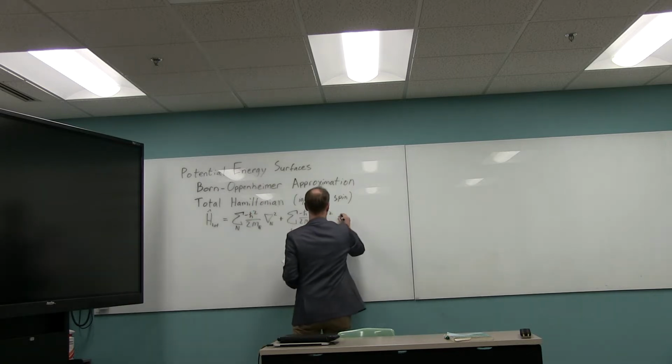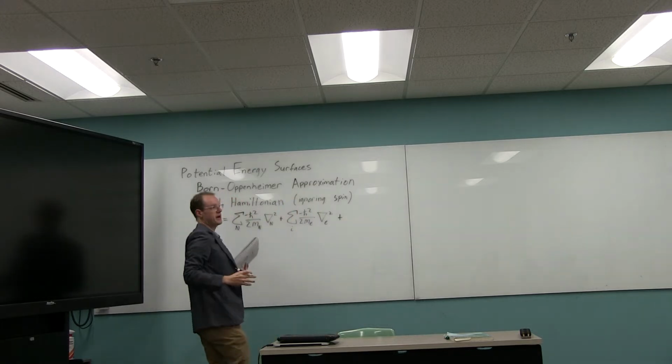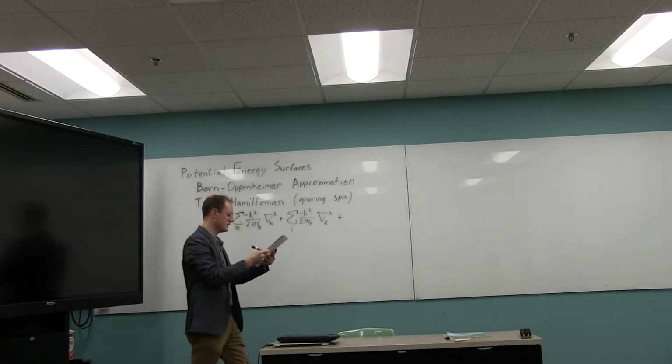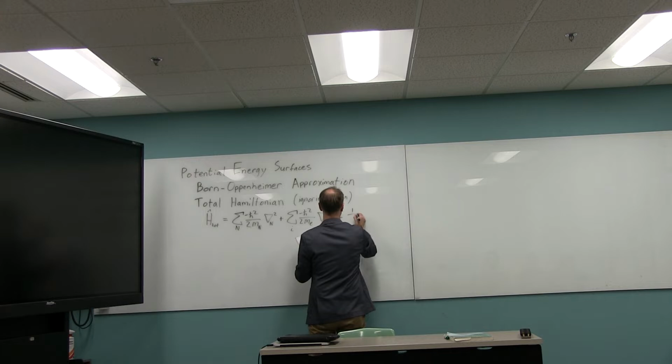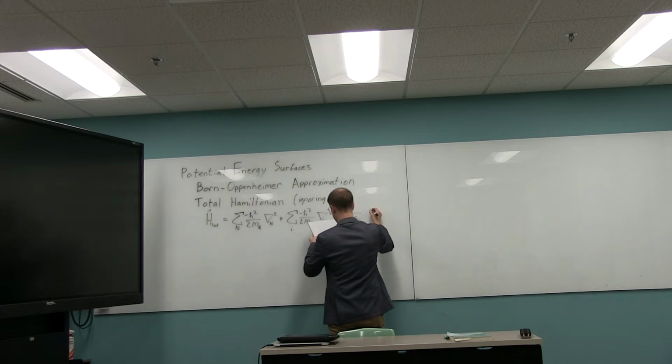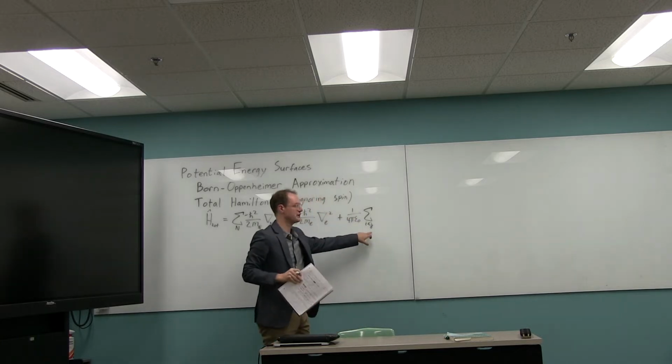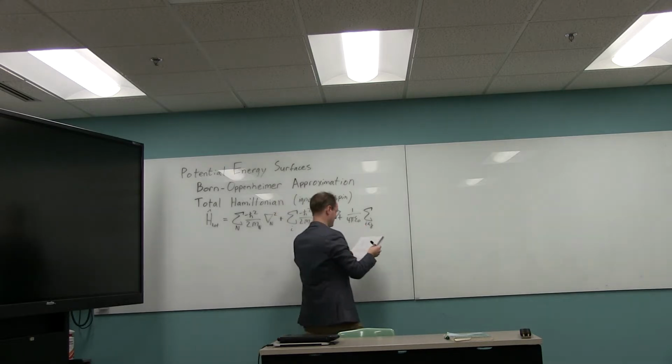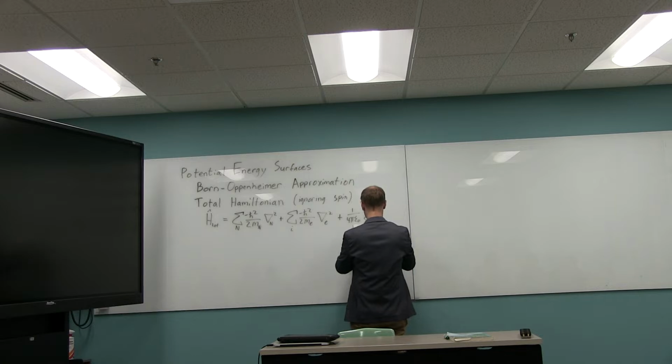Right, so that's the kinetic energy part of the Hamiltonian. Then we need the potential energy, and so we have electron-electron repulsion, and we only include the repulsion of each pair once, so I'm going to sum over the electron indices i and j, but only for i less than j, so that we don't double count the repulsions.